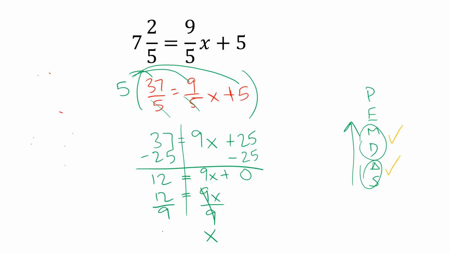It goes in one time with 3 left over, and you keep the same denominator. 1 3/9. But wait, 1 3/9 can be simplified. Divide these both by 3. 3 divided by 3 is 1. 9 divided by 3 is 3. 1 1/3. Final answer. That's it.